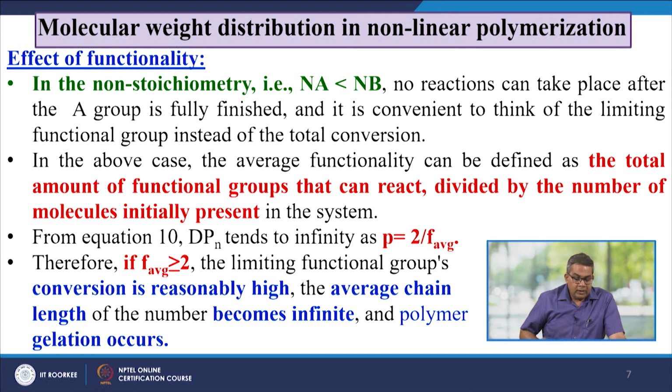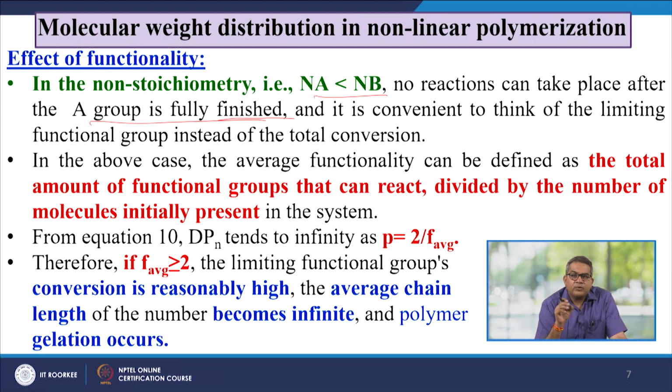Now, in the non-stoichiometric case, that is Na is less than Nb, no reaction can take place after the A group is fully finished, and it is convenient to think of a limiting functional group instead of the total conversion. In that case, the average functionality can be defined as the total amount of functional groups that can react, divided by the number of molecules initially present in the system.